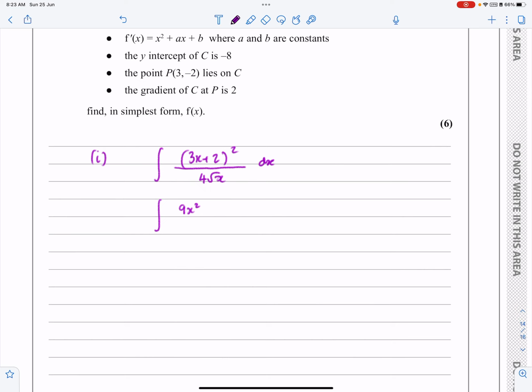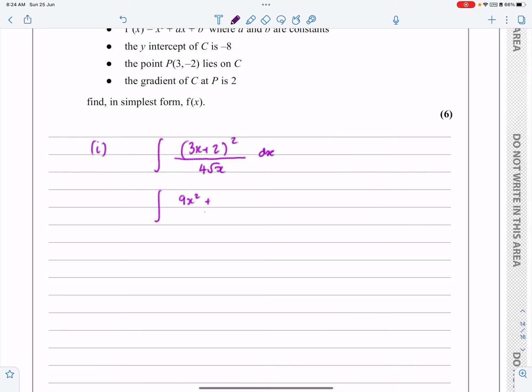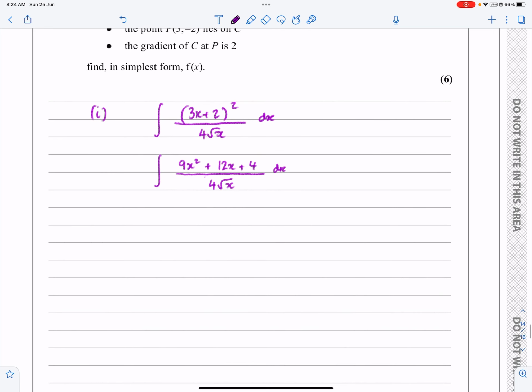So that's 9x² plus 2 lots of 6x, which is 12x, plus 4, all over 4 root x dx, which then works out to be 9x² over 4x to the half plus 12x over 4x to the half plus 4 over 4x to the half dx.